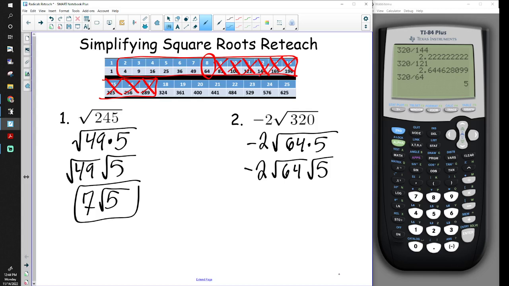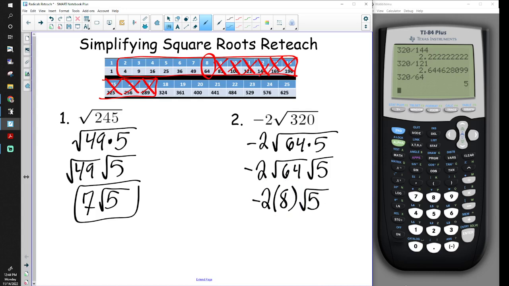The reason we chose 64 and not some other number is because when I look up here, I go, oh, I know the square root of 64. It's 8. This 64 is just 8. Bring down your negative 2. 64 becomes 8. And we got the square root of 5 still chilling, which isn't in our list, so we can't do anything to that.